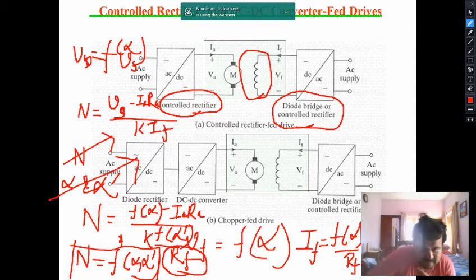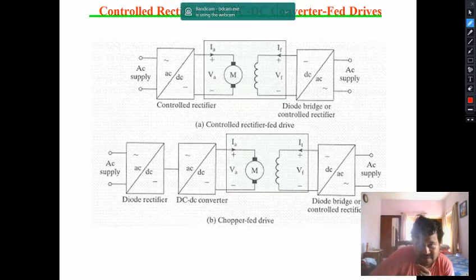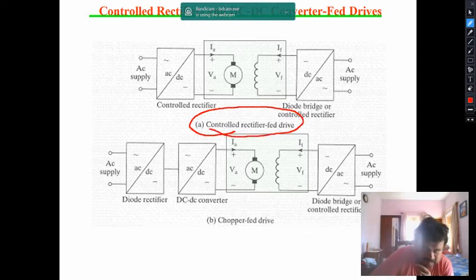I will just erase all these things. This is a controlled rectifier fed drive. Now, here, this one is a chopper fed drive.